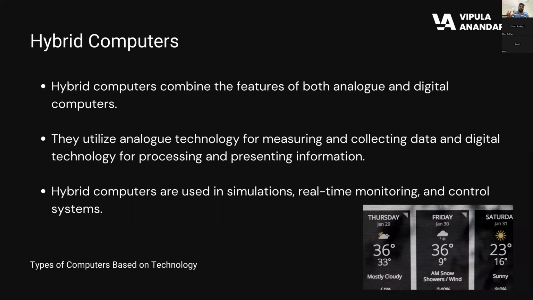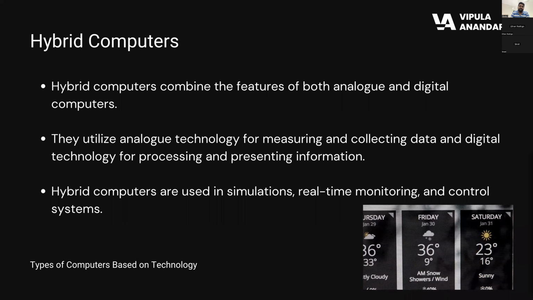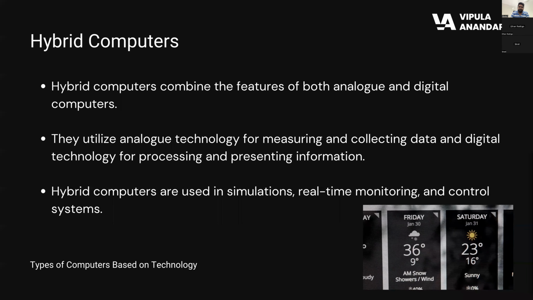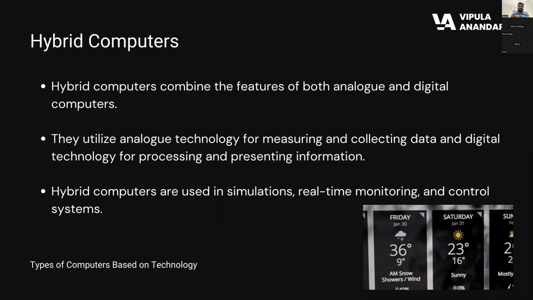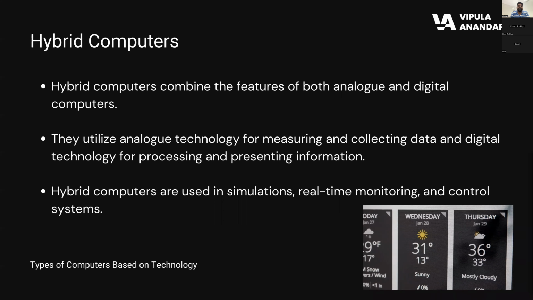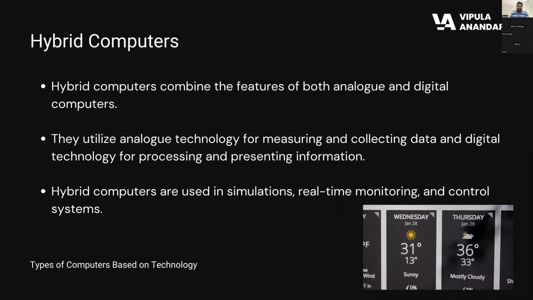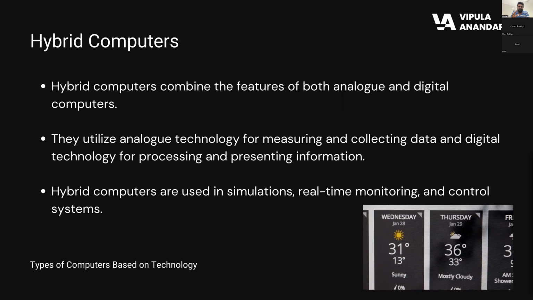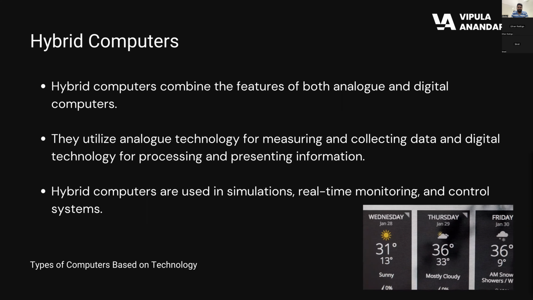And then it automatically converts it into a digital signal, and the digital computer helps you process it and gives you a clear output. And at the end of the day, it will keep you safe. So these are the things called hybrid computers.